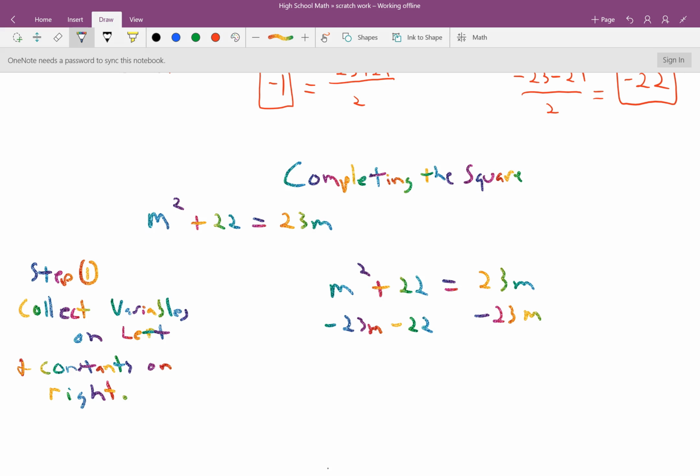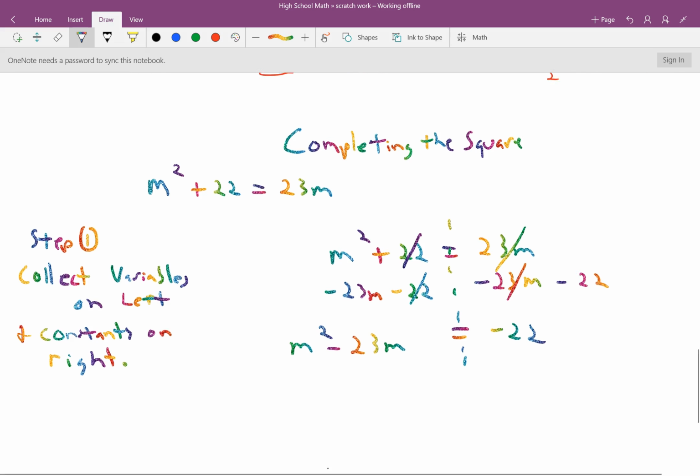Probably you won't have to do two steps at once here, but you can see what's going on. The 23m cancels with 23m to leave minus 22 over here. The 22 cancels with the 22 to leave a minus 23m. We have m squared minus 23m on the left, minus 22 on the right.